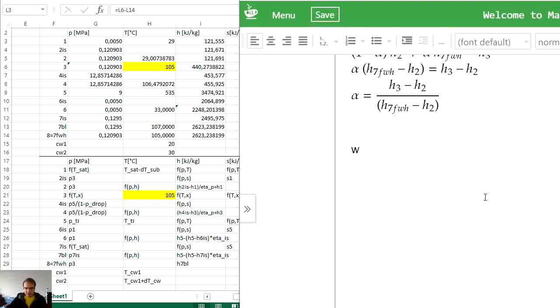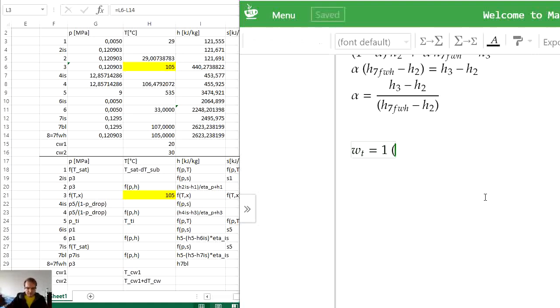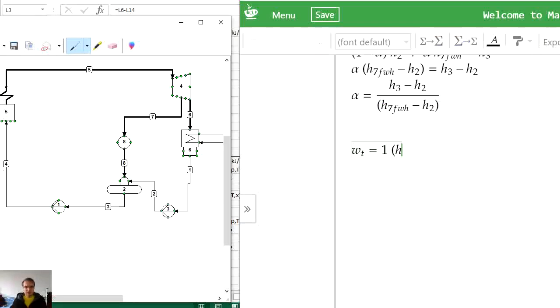If we want to express the work of the turbine, it will be first 1, the overall mass flow rate, times difference in enthalpies, enthalpy 5 minus enthalpy 7, plus 1 minus alpha, because in the second part of the turbine there is lower mass flow rate, 1 minus alpha, times H7 minus H6.